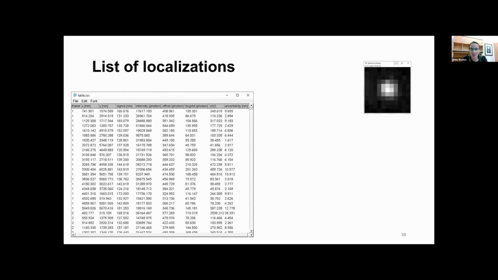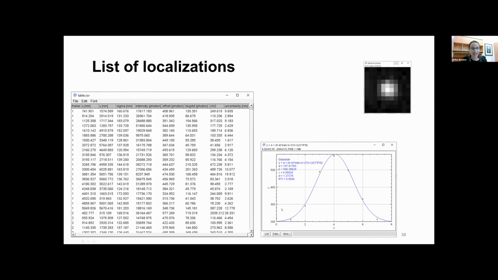As I've mentioned, during the detection step we have nothing else than a coarse identification of where the single molecule or single emitter is located. And then the next step is that usually you estimate the position by, for example, fitting a Gaussian to that blob. And in this case, it's just a Gaussian right through the center.